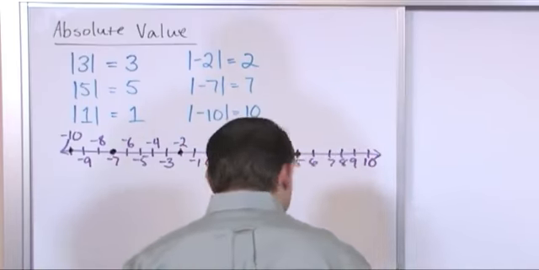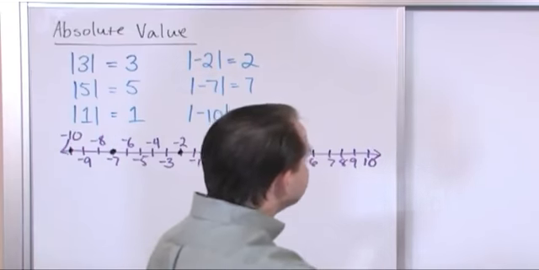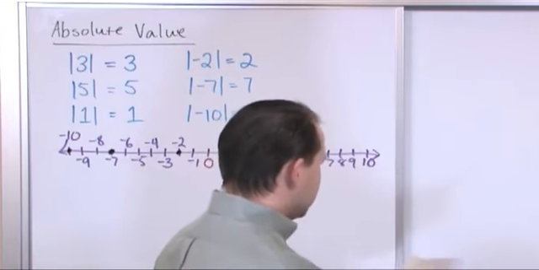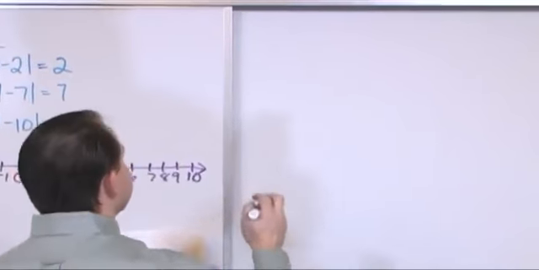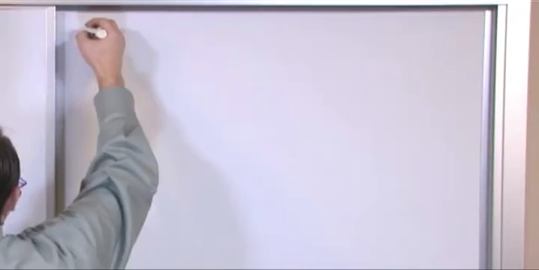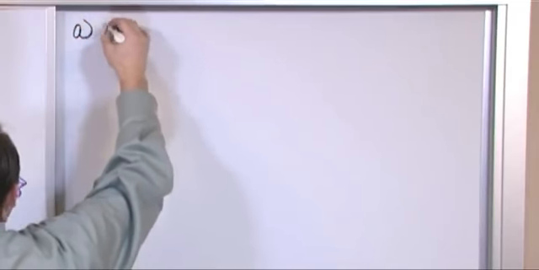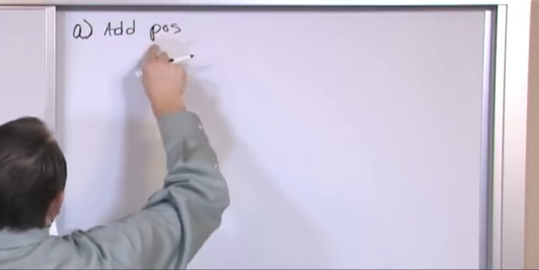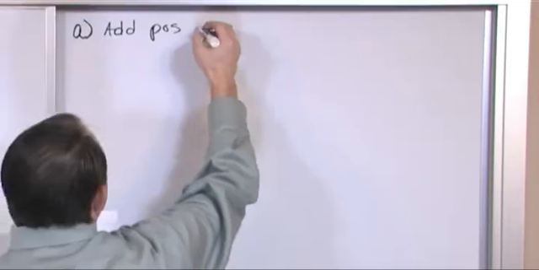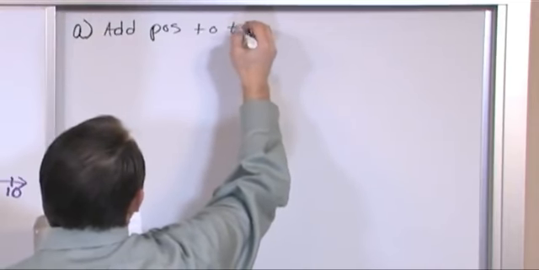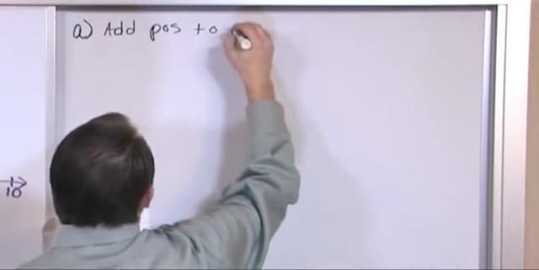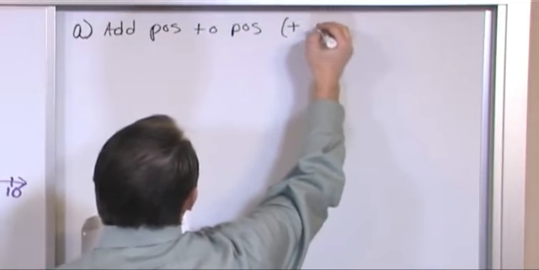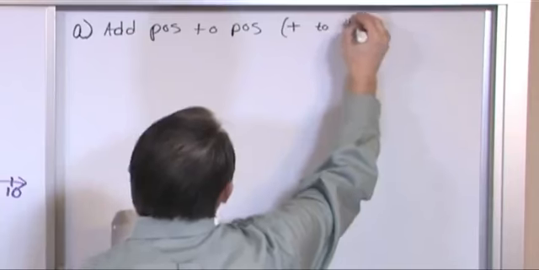The rules that we're going to have are basically going to look like this. Some of them, like I said, are going to be trivial. So here are the rules. The first rule is if we're adding a positive number, so I'm going to use the word POS, positive, to a positive number. So in other words, positive to positive.